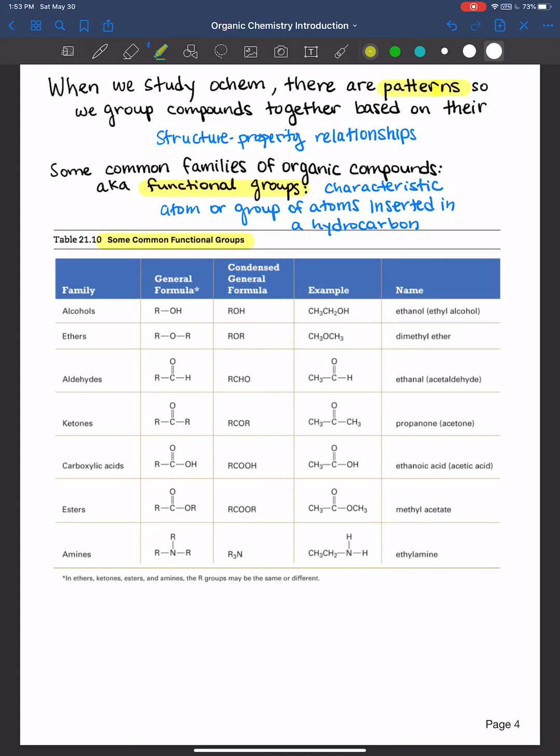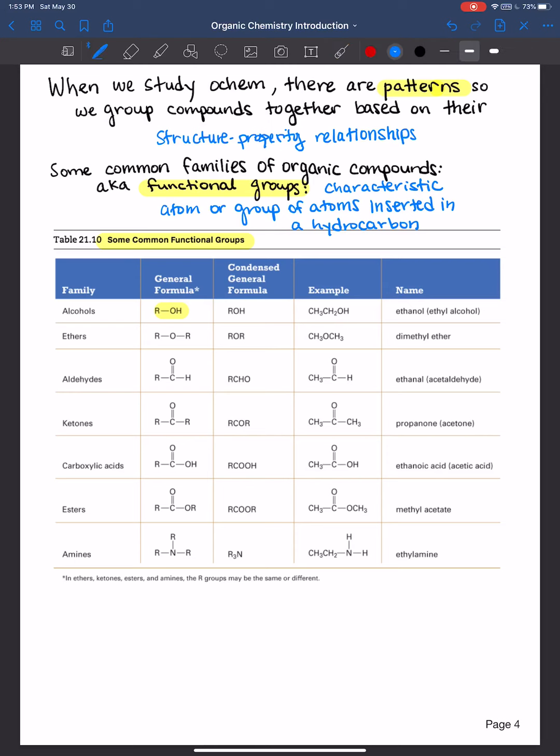So the first common functional group are alcohols. And alcohols are characteristic of that OH. Now, OH here, we refer to as the alcohol group. In biochemistry or biology classes, you may refer to it as a hydroxy group. Same thing.